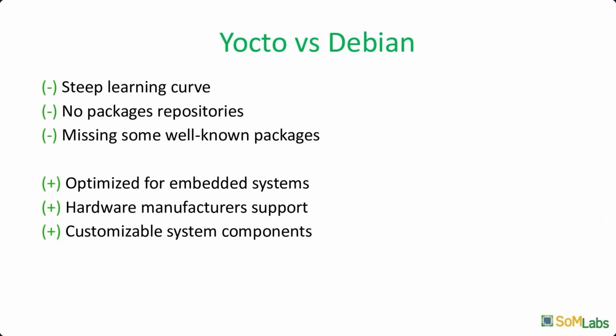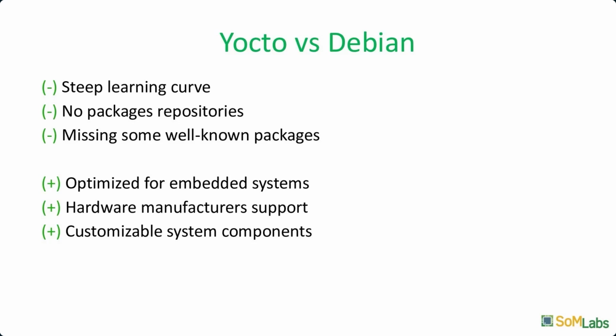And it also has support from manufacturers. Like I mentioned, each processor manufacturer provides a Yocto layer for their products. Debian is not really accessible this way. You often need to build the Debian release by yourself or buy it from some third-party company.